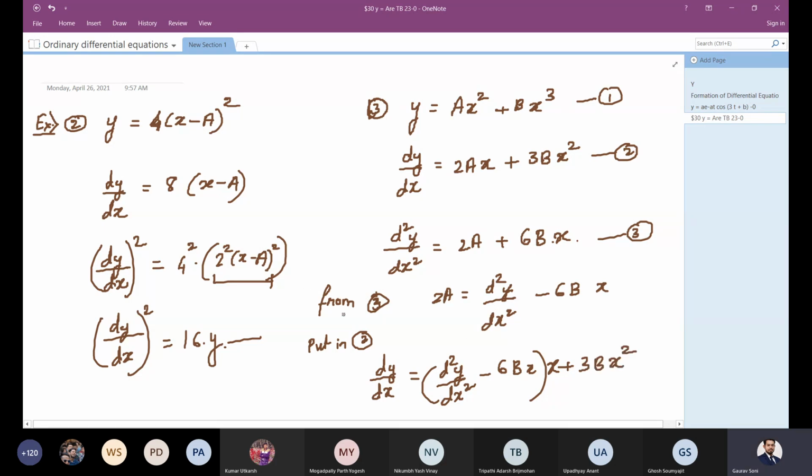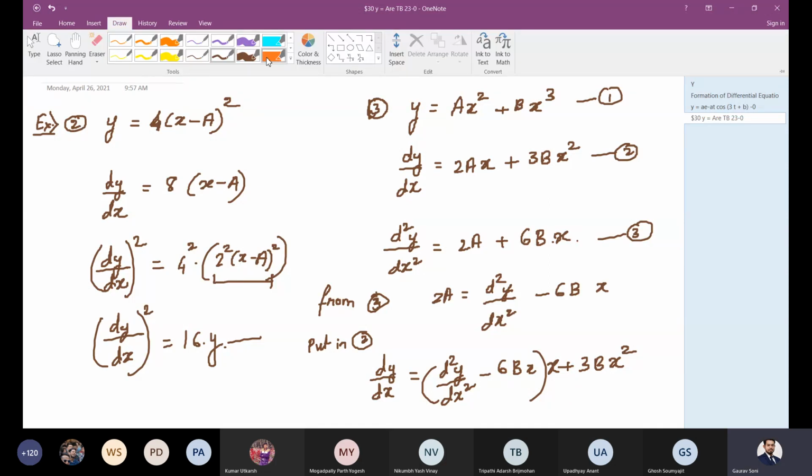So this could be solved. Can you tell me the value of b?